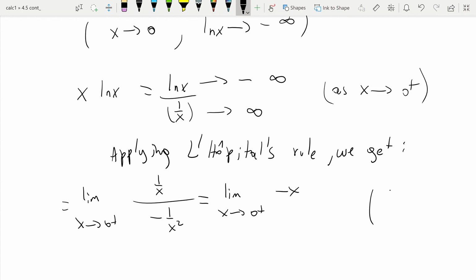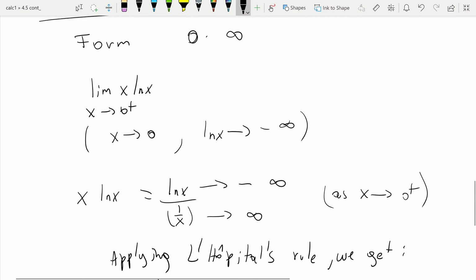Remember, 1 over x divided by minus 1 over x squared is the same as 1 over x times minus x squared over 1. This is where we get this expression from. And the limit of minus x as x approaches 0 plus is simply 0. So this is the limit.